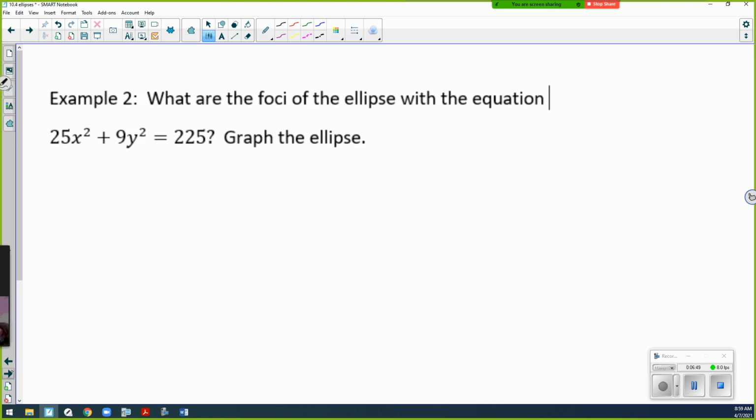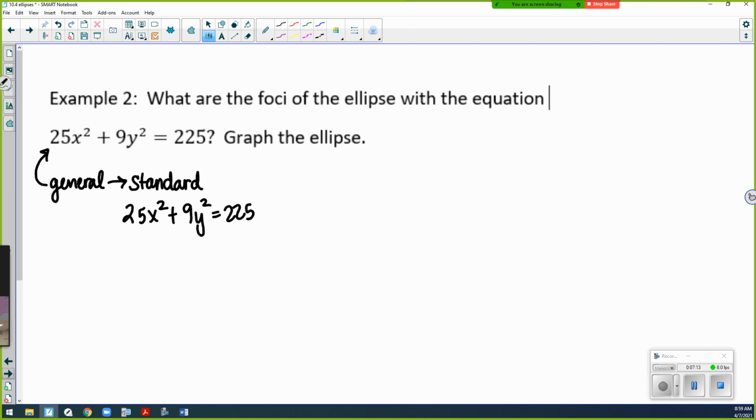So here we're looking for the foci of the ellipse with the equation 25x squared plus 9y squared equals 225. Graph the ellipse. Right now this is in general form, and we want to convert this to standard form. So I'm going to go 25x squared plus 9y squared equals 225.